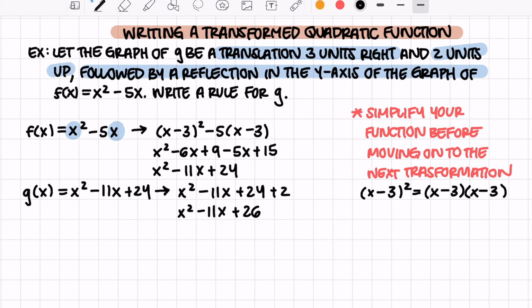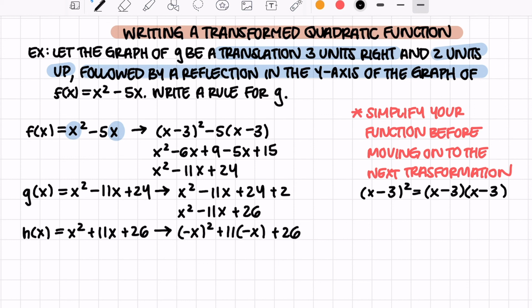So our new graph here, we have h of x equals x squared plus 11x plus 26, and then that turns into changing the positive x values to negative x values. Changing this one to a negative x plus 26. And from here, if I simplify it, I just get x squared minus 11x plus 26. And that would be the final function.